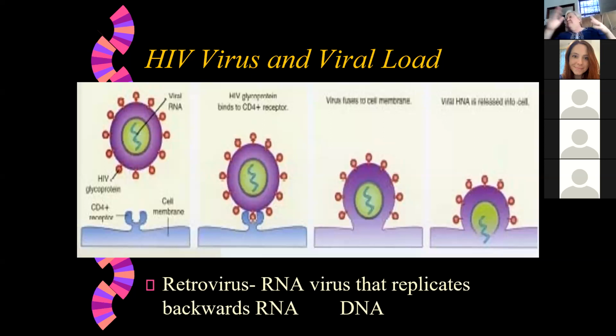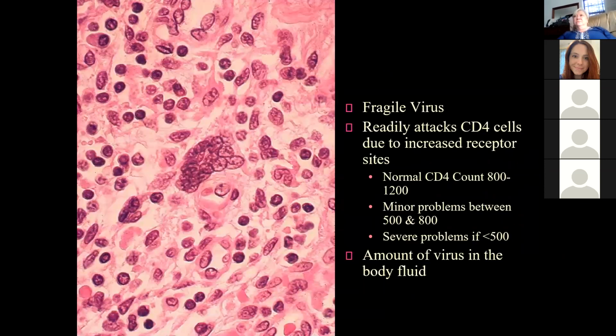And then it replicates backwards, which doesn't make it that bad. It's just called a retrovirus. That's just all that it means. It just replicates backwards. So we give them a retroviral drug. And so it's actually a very, very fragile virus. This just kind of shows what in the different cells, this kind of big clump here is what you're looking at.